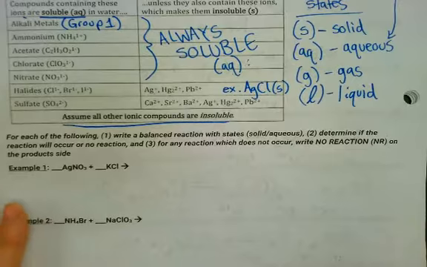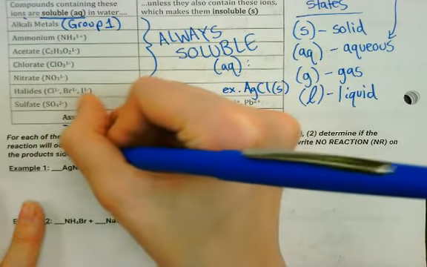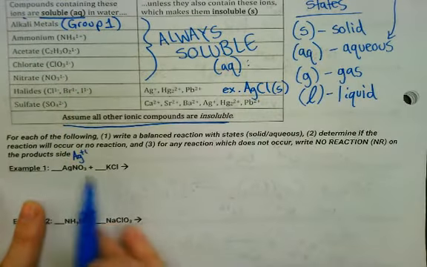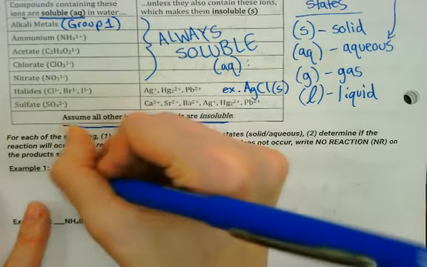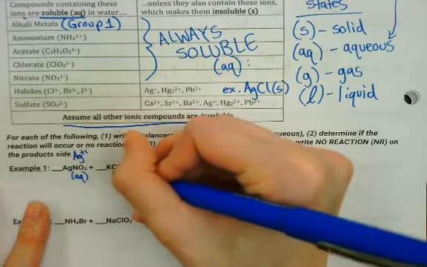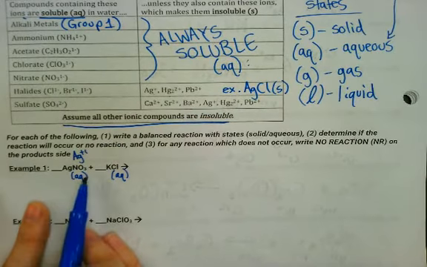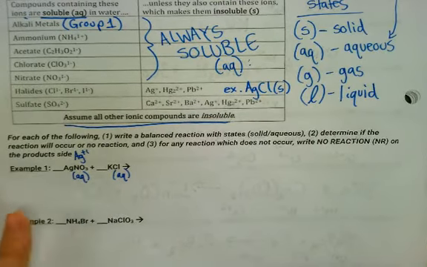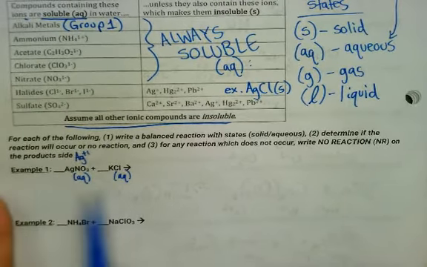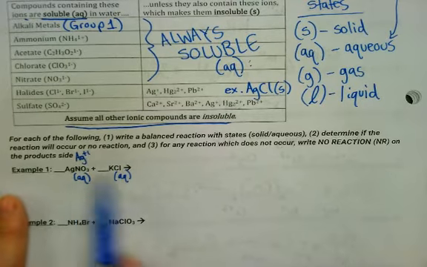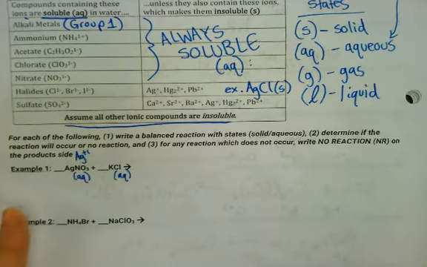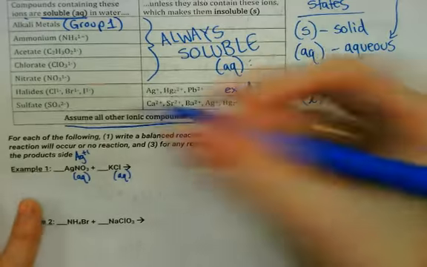When I go to predict my products, one thing I like to do is write the ions above my compounds, because what's going to happen is in water, these compounds are going to be aqueous, they're going to dissolve, and so all of those ions are going to be floating around and potentially are going to create a precipitate.